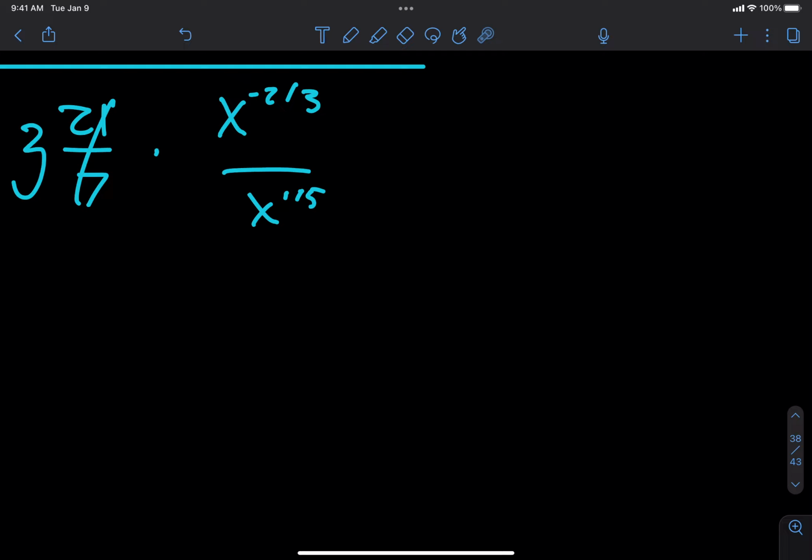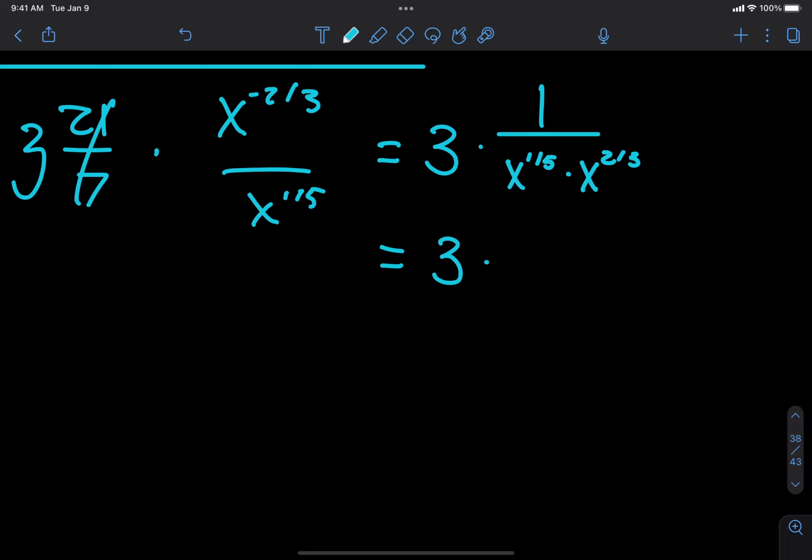Well, the negative power here, what should happen to it? It goes to the bottom, right? So this is the same as 3 times 1 divided by x to the 1/5 times x to the 2/3, right? And then that's 3 times 1 over x to the, what?